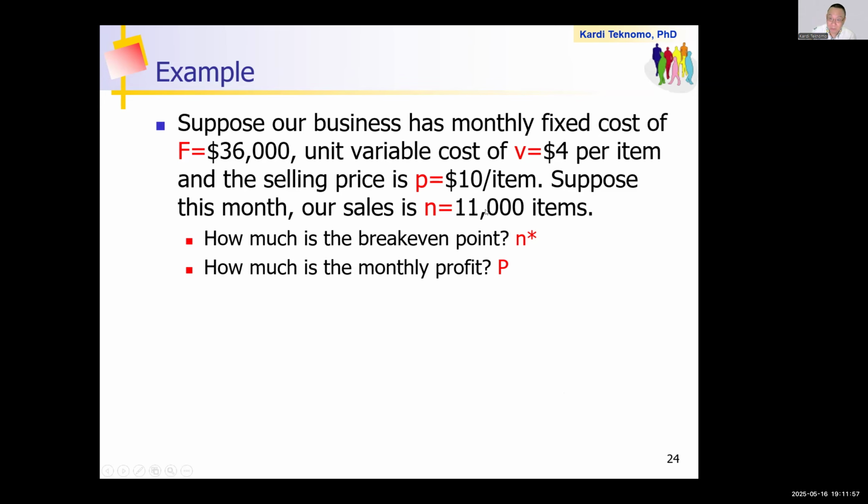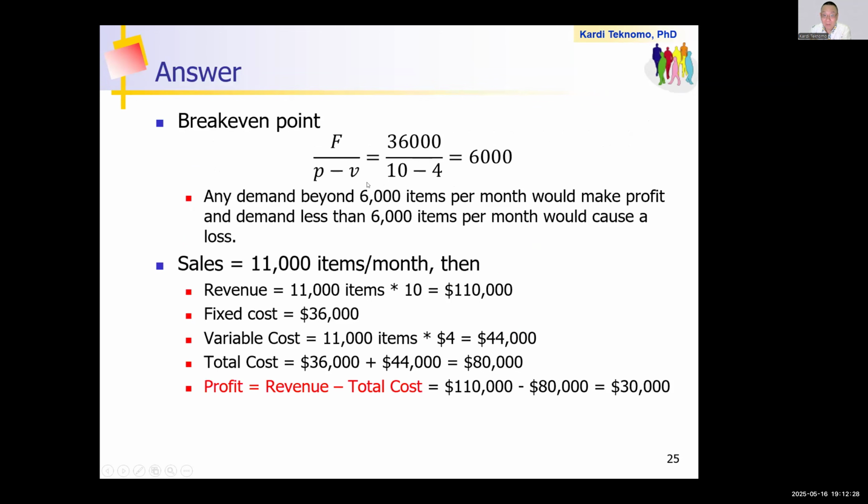So then I want to know how much is the break-even point. When we say break-even point, that means the N star. And how much is the monthly profit? Oh, this is interesting. Yes, correct. So 6,000. So put all of this into the formula.